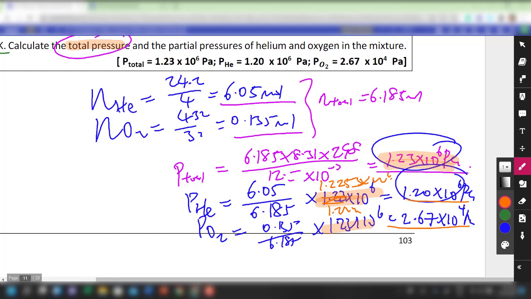Okay, so all these are relatively important things you need to take note of when you perform calculation, especially if the question asks you to calculate the total pressure as an intermediate step, you should leave your answer to 3 SF, at most 4. But when you need that value and use it in your final calculation, you should actually use one more significant figure.